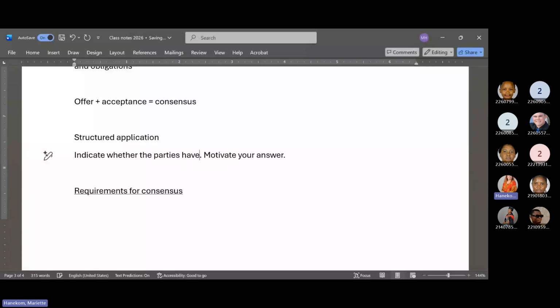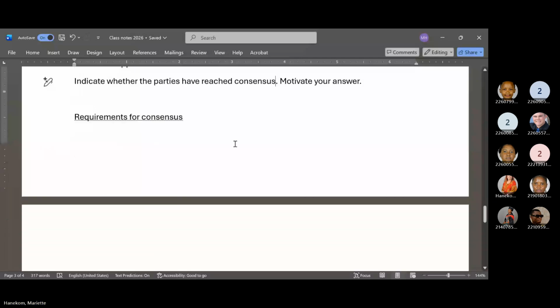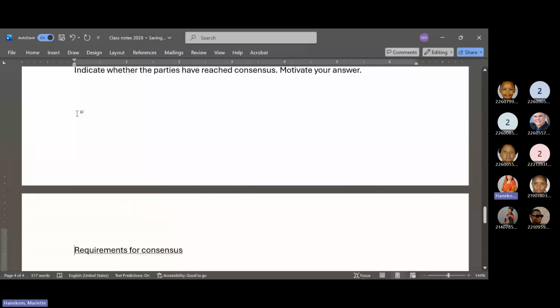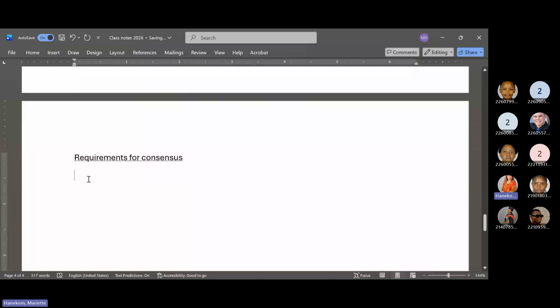Indicate whether the parties have reached consensus. In order to be able to answer this, you need to apply the requirements for consensus to the given scenario. So what are our requirements for consensus?